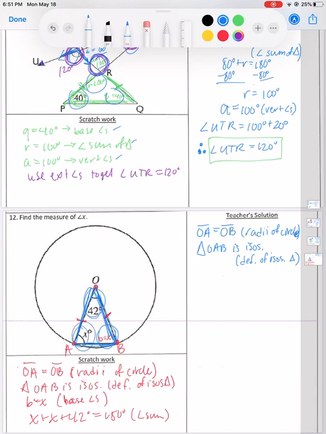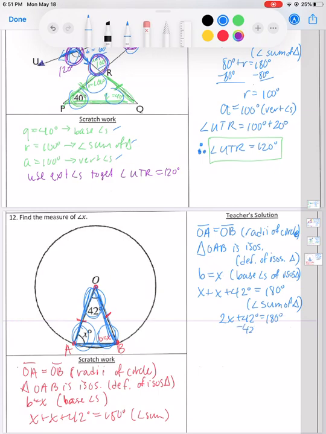Okay, so we're going to say that B is equal to x from base angles of isosceles triangle. Okay, and that x plus 42 degrees is equal to 180 degrees. I can use x now for B, since I established that that was true in the line above, and that's angle sum of triangle. Okay, so we have 2x plus 42 equals 180.